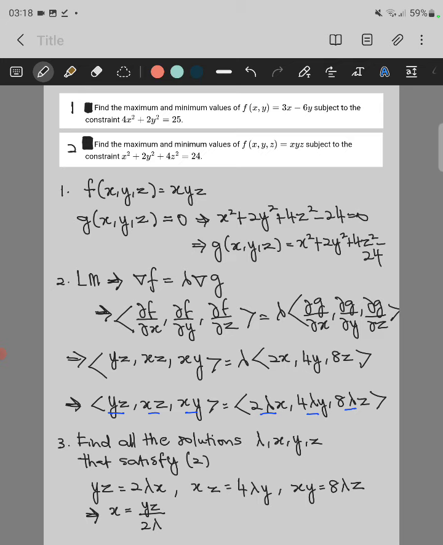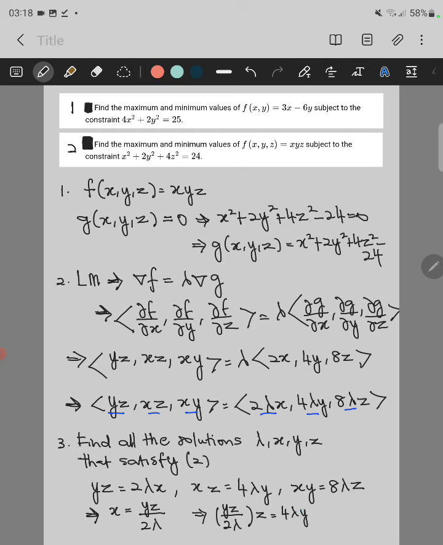So it follows that we have yz over 2 lambda, times z, is equal to 4 lambda y.